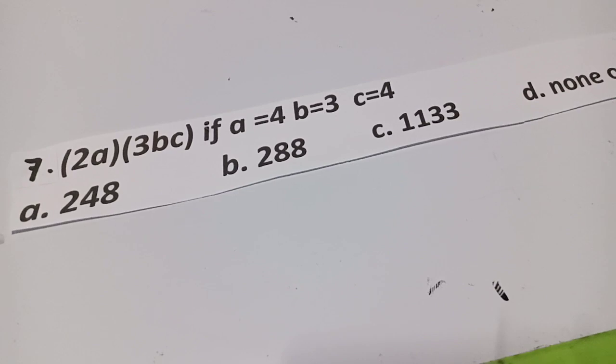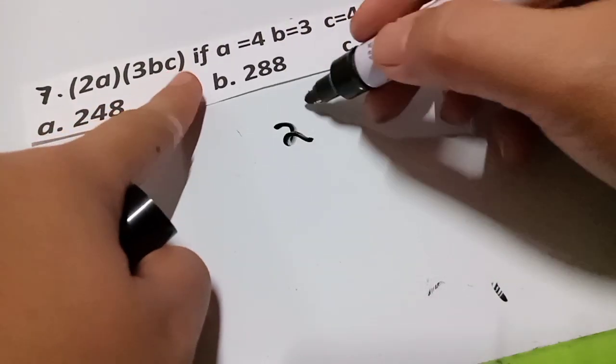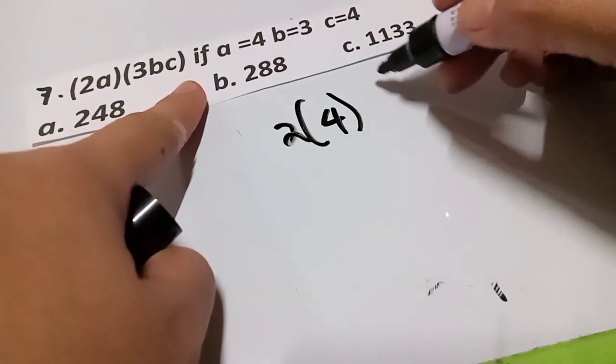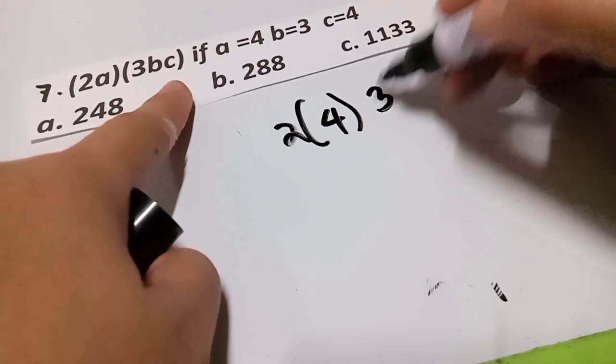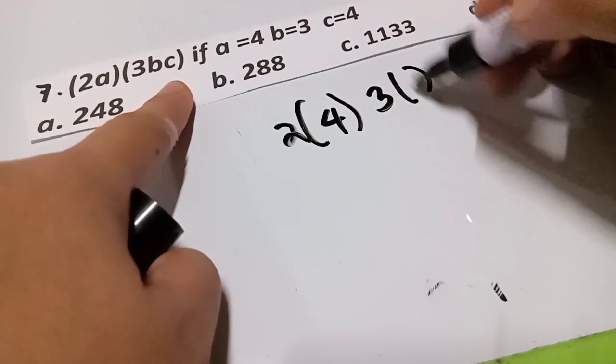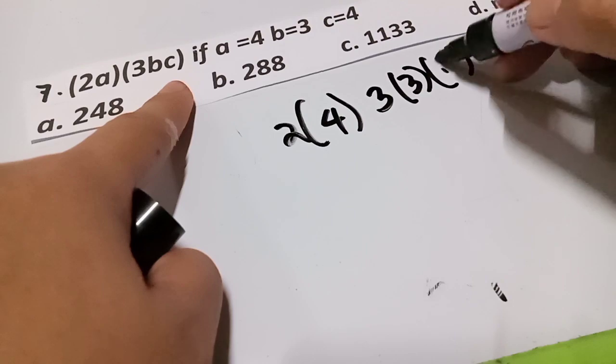2a multiplied by 3bc. And if a is equal to 4, b is equal to 3, c is equal to 4. Guys, take note, this is very easy. You just only substitute. Automatically, 2 times 4. The other one is 3 multiplied by 3 at the same time with 4.